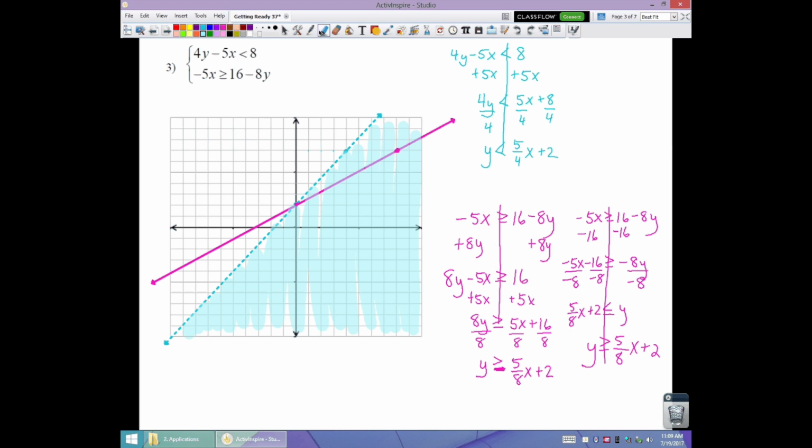And our shading will be above because that's greater. So above this pink line. So where did we shade both colors? It's in this triangular section in the first quadrant here. That is the solution to the system as a whole.